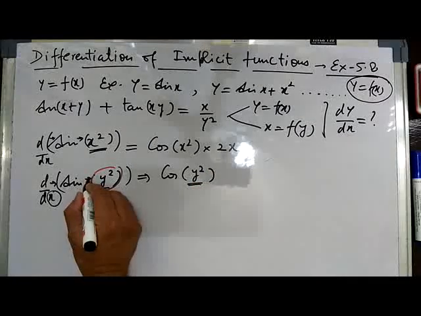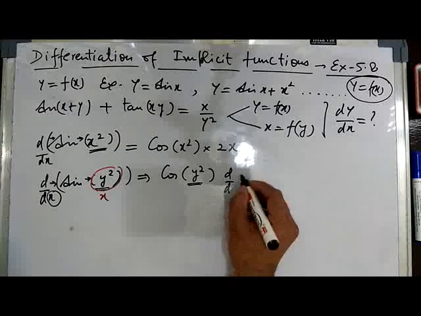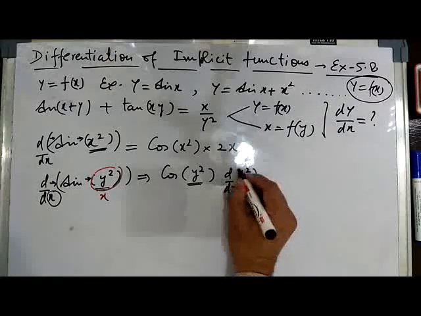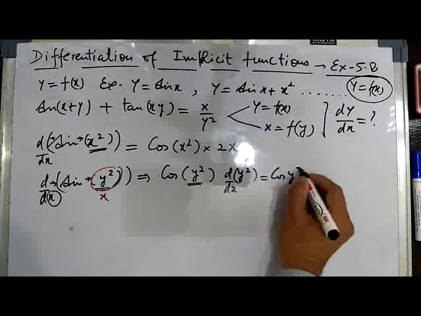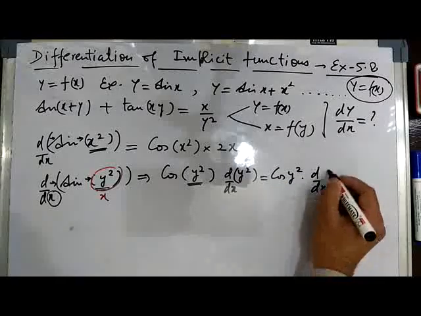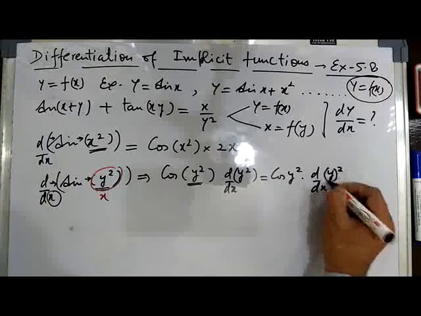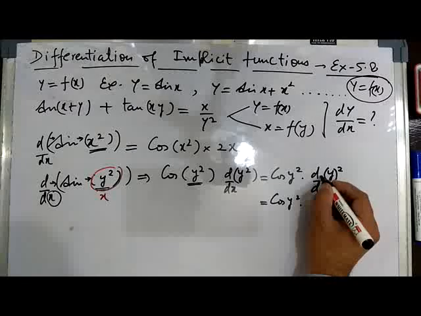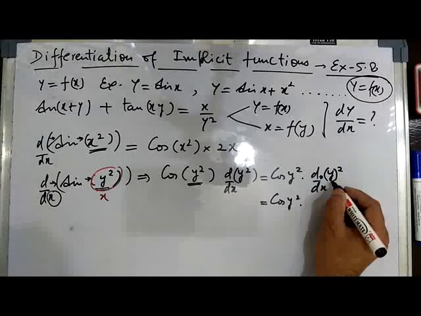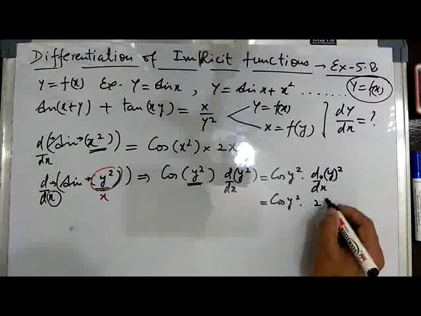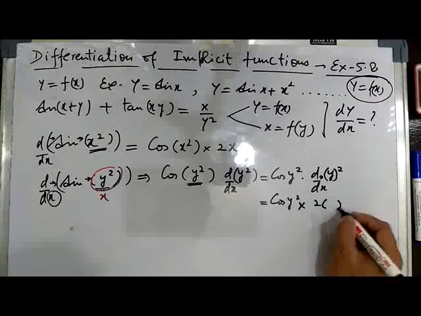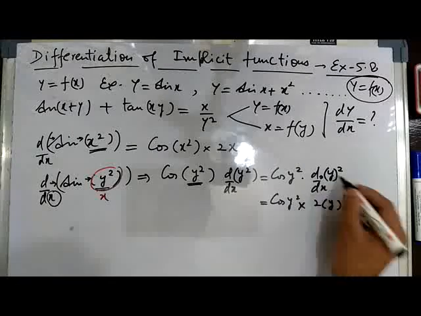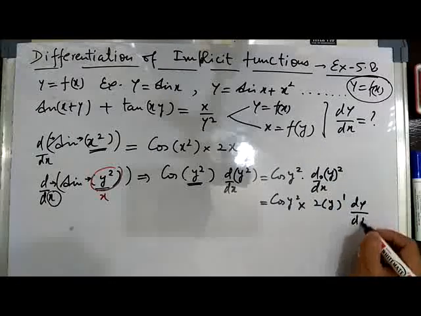So now your differential operator will reach here, d dx of y square. Now it will be seen as cos y square d dx of y square. So it is nothing but cos y square, and now this is treated as x. So 2, but there is no x, there is y. Then your differential operator will reach this y and that is dy dx.